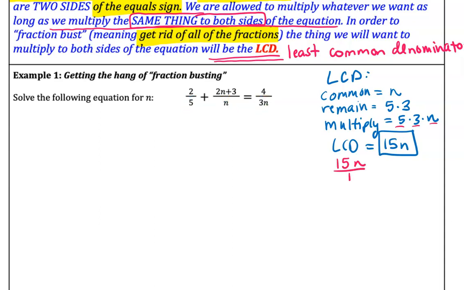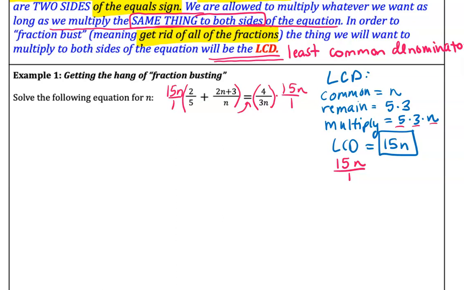That means it's only getting multiplied to the numerator. And again, we're allowed to do this because of the multiplication property of equality, because I am changing the value of this fraction here, because I'm multiplying only the numerator. But that's okay as long as I change the value of the other fractions by the same amount, then the equality between the two sides is still true.